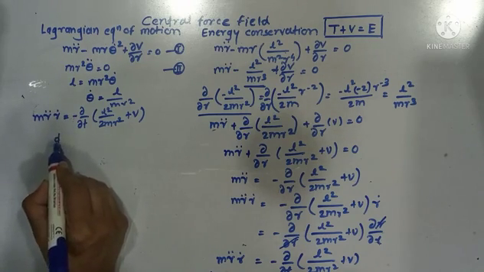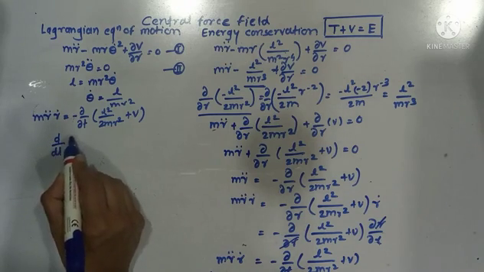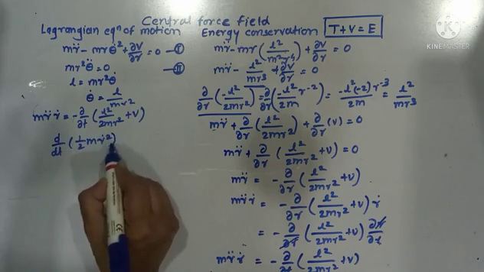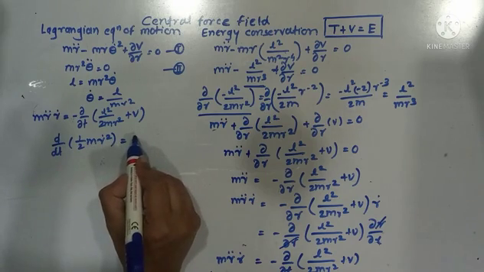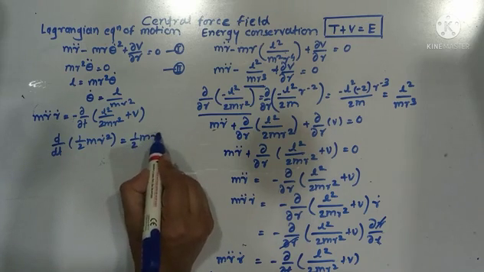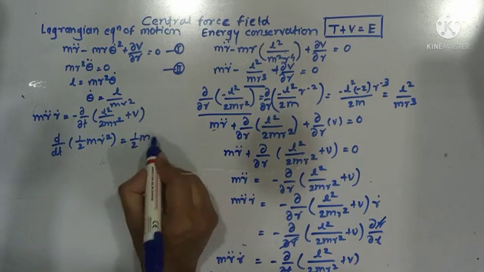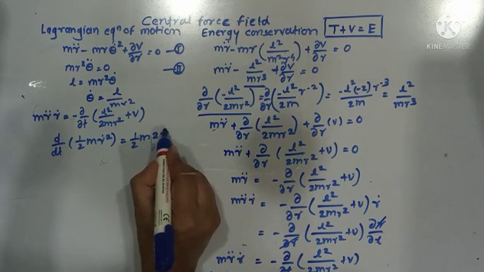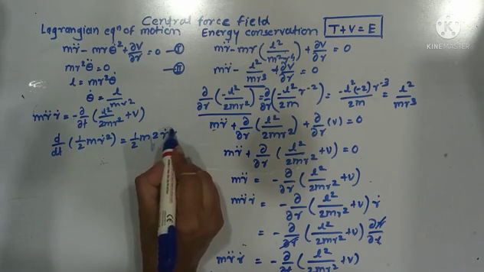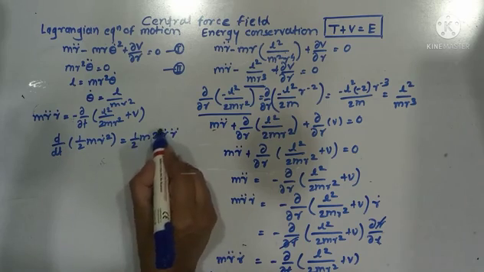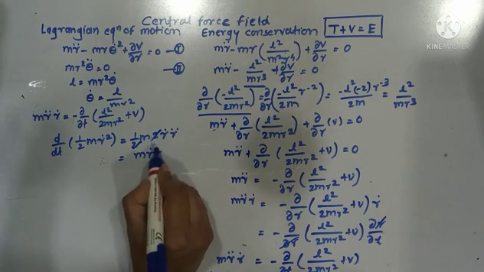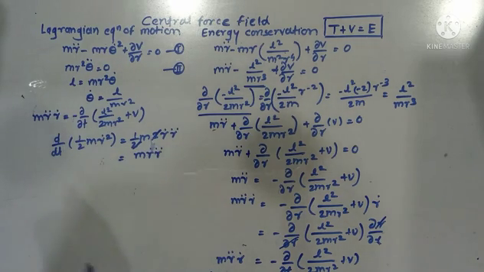d by dt of 1 half m r dot square is equal to 1 half m into 2 r dot into r double dot. So these two will get cancelled, and what I'm going to get is m r dot r double dot.